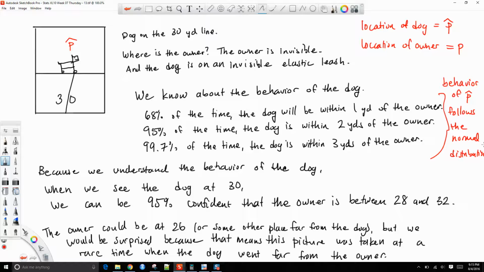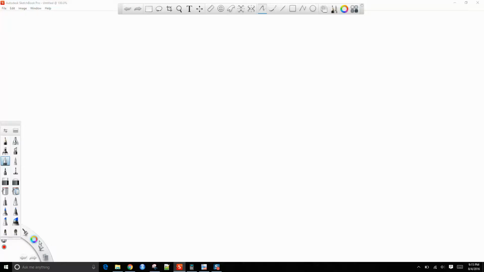And so because we know that p hat follows the normal distribution, when we see p hat at a certain location, we can be confident that p is close by. Right? Because we know p hat doesn't go far away from p. When we see p hat at a certain location, we can be confident that p is close by. All right, so you guys have this written down? I'm going to flip the slide.